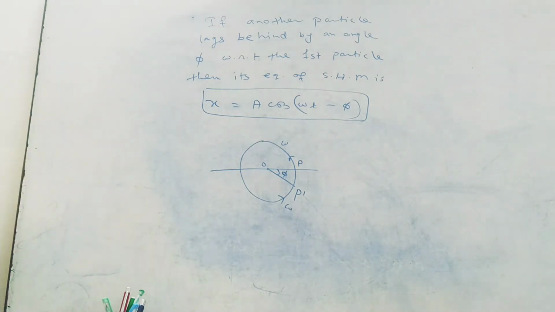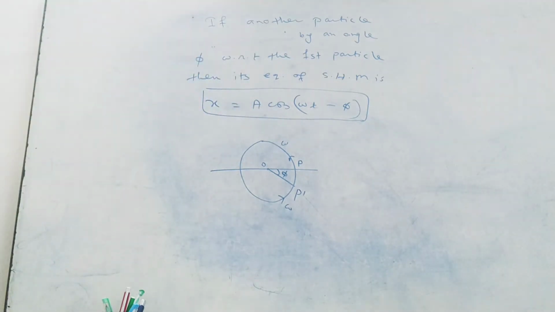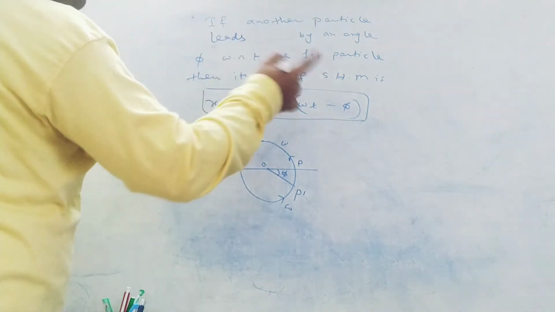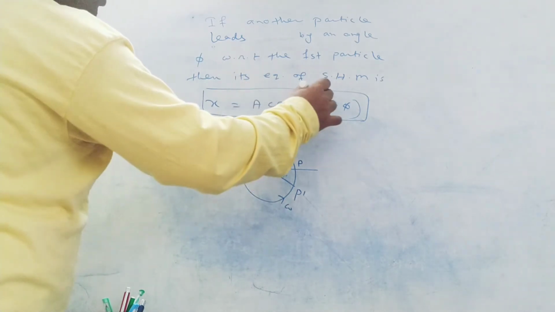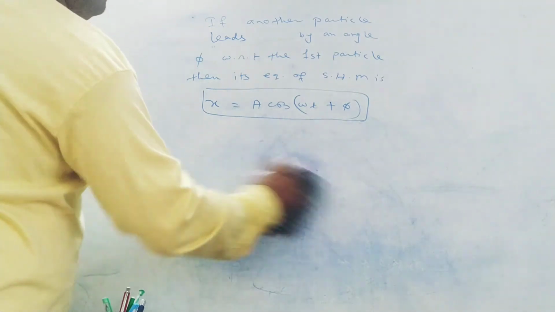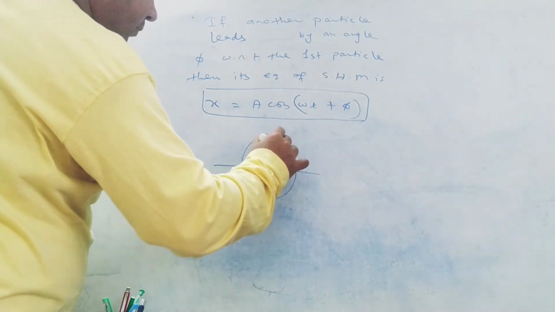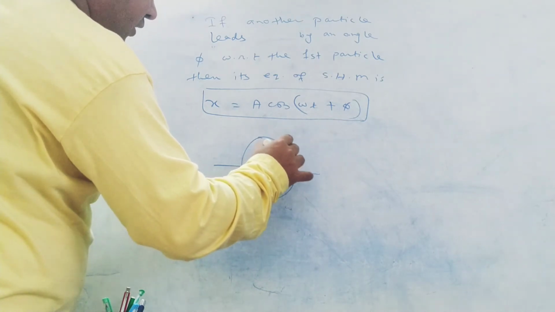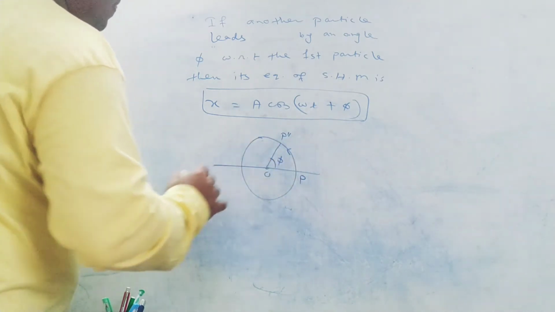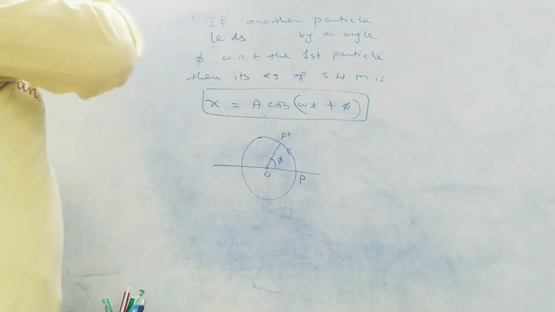Similarly, if another particle leads by an angle phi with respect to first particle, then its equation of motion is x equal to A cos omega t plus phi.